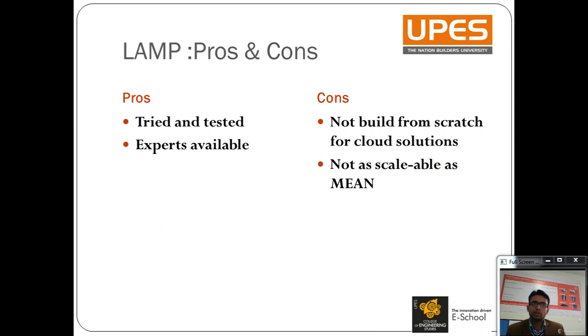There is one more drawback with LAMP, that it is not as scalable as MEAN, because the proponents of MEAN will argue that MongoDB is much faster than MySQL, and also LAMP is not scalable due to its architecture. And several experts are needed, because you might need an expert in MySQL and someone else who is strong in PHP, and maybe even someone for front end development in HTML or CSS. So there are various advantages and disadvantages with this LAMP stack.